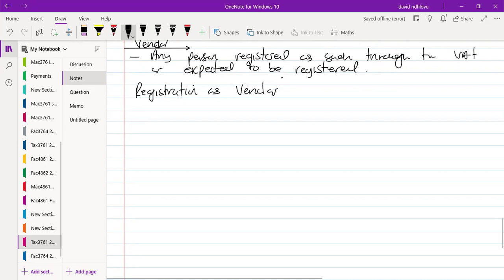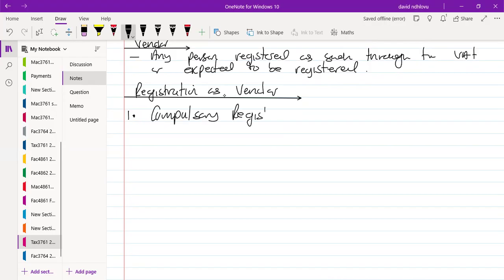So obviously this theory is important. You can get a question regarding this. Theoretical question number one: yes, we've got voluntary. Sorry, let's start with compulsory registration. So with compulsory registration, we are simply saying, if you satisfy all the requirements as stipulated in the VAT Act, then you are automatically expected to be registered as a vendor.